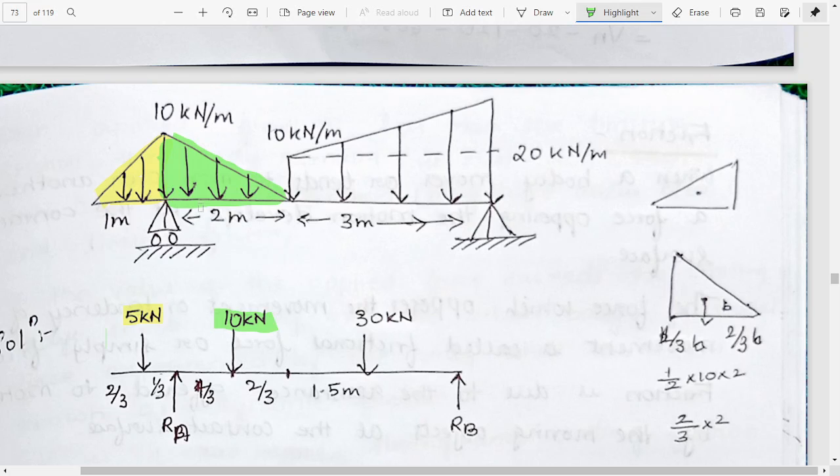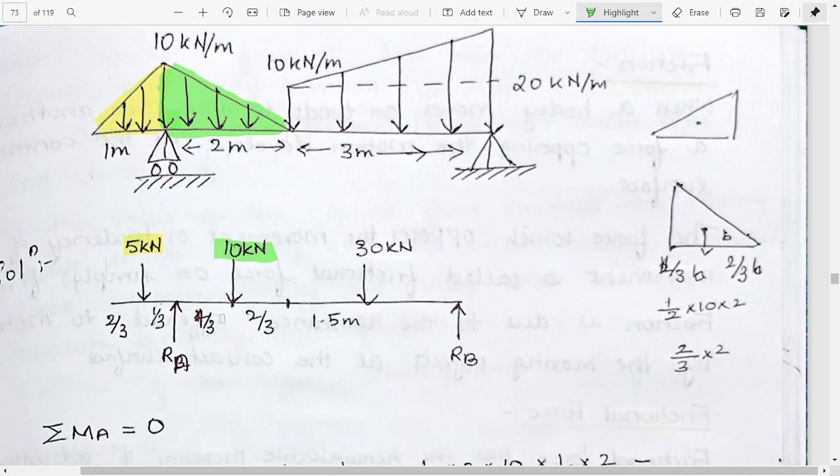And in this case also, this is the 90-degree angle, so this should be kept 2 by 3 from this point, so it will be 2 by 3 of 2 meters from this point. Okay, so we'll get that.